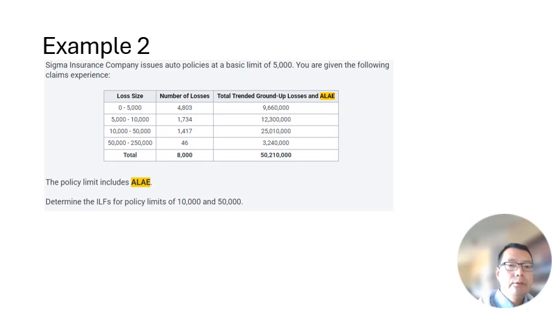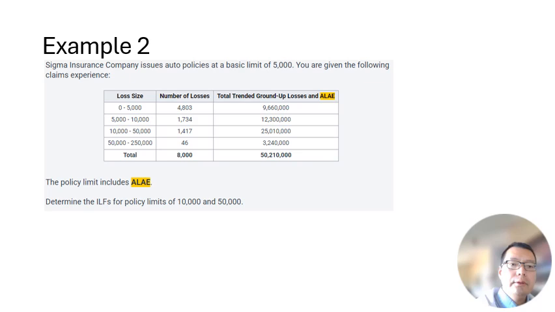So the total for the first category will be 966,000, so 9.66 million. And for the second category, where the loss is 5,000 to 10,000, it will still be less than 10,000.